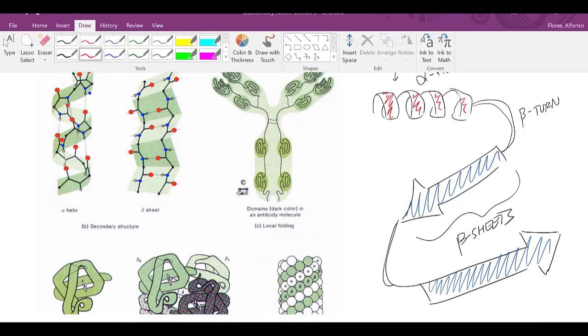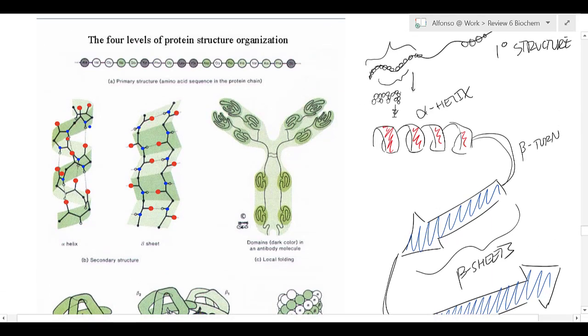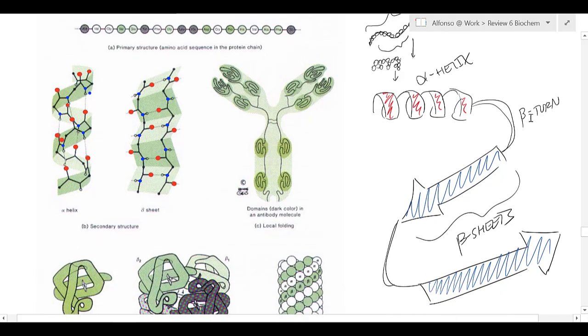Okay. So why do these polypeptides get turned into alpha helices, beta turns, and beta sheets? Because of the specific amino acid sequence. That's a really important thing for you guys to know.